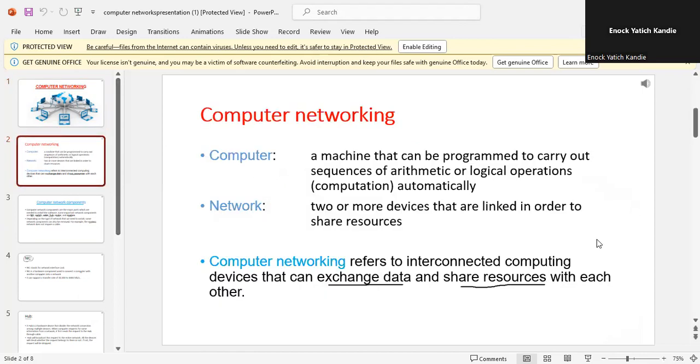So let's define what is a computer. A computer is a machine that can be programmed to carry out sequences of arithmetic or logical operations.